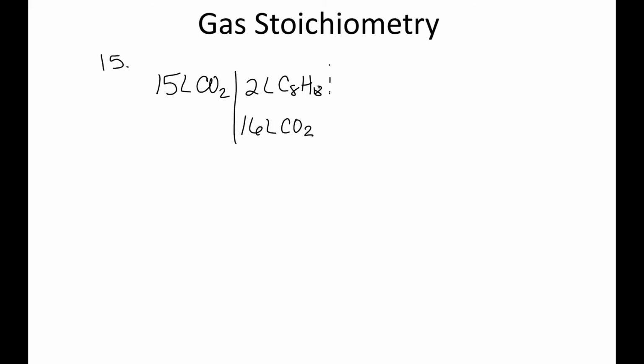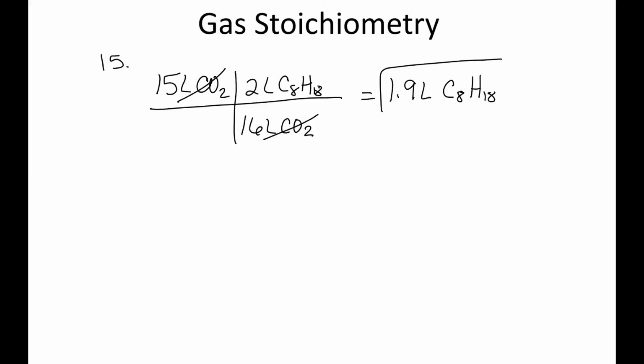And sometimes you'll do that, put an extra picket in there when you don't need it. This comes out, this comes out. 15 times 2 is 30. 30 divided by 16 is basically 1.9 liters of C8H18. That's the easy one.